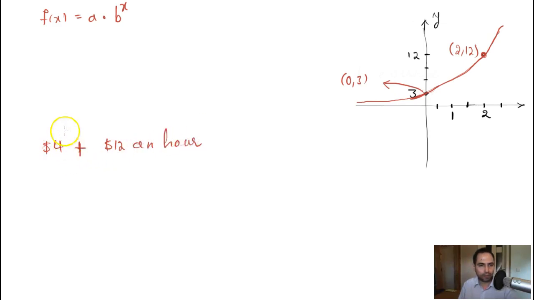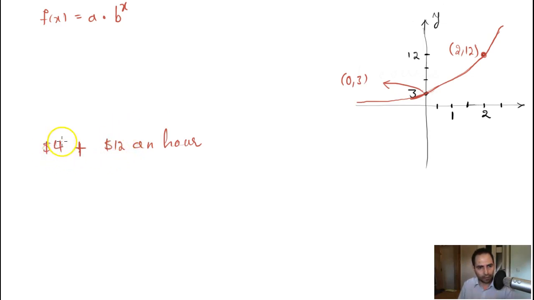So in that case, if you already have $4 and get $12 an hour, at the end of the day, how much money are you going to have? It depends on how many hours you worked that day.